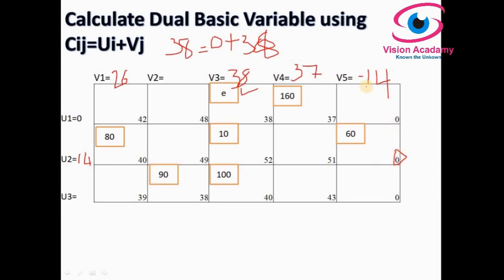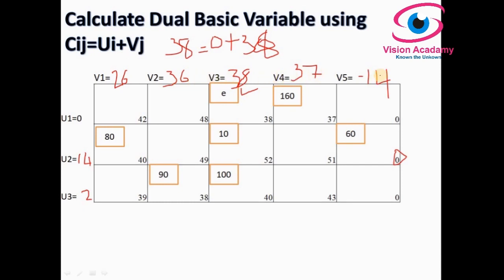Once you found this, you can also proceed for this cell because we have one value. So Cij is 40 and V3 is 38. 40 minus 38, so U3 will be 2. So now you found this value, also you can find this value. The Cij is 36 and U3 is 2, so it should be 36 minus 2, that is 34.